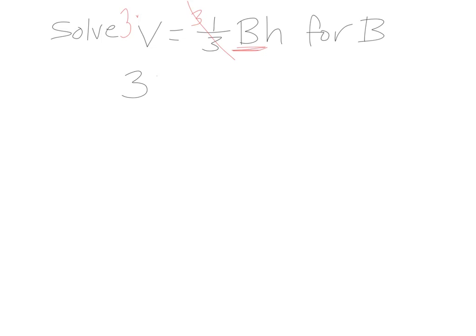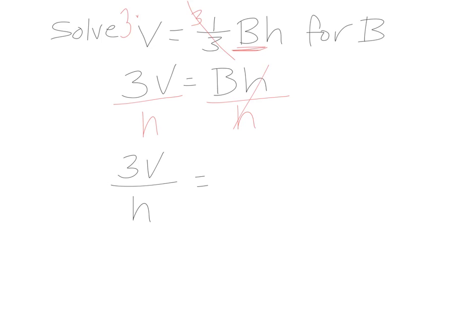Then we have 3v equals b times h. And again, I'm trying to get the b by itself. It's being multiplied by h, so to get rid of multiply, we divide. 3v over h equals b.